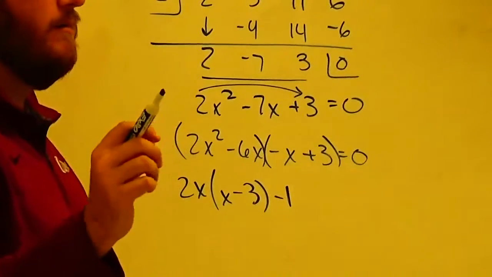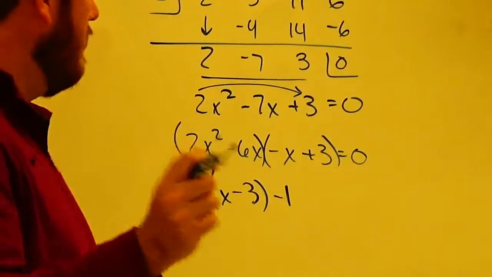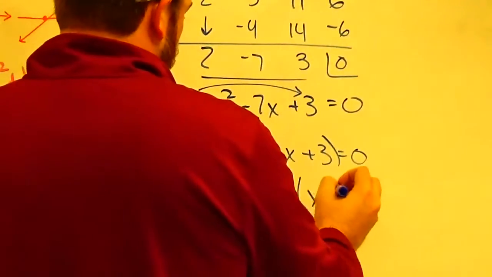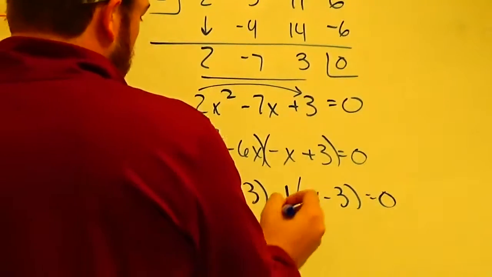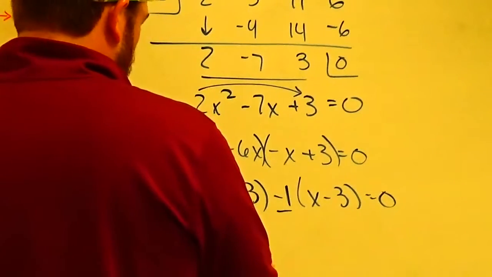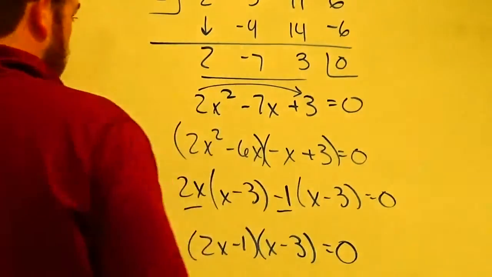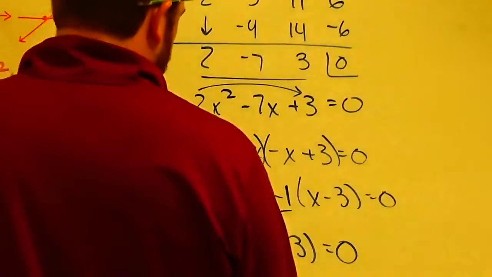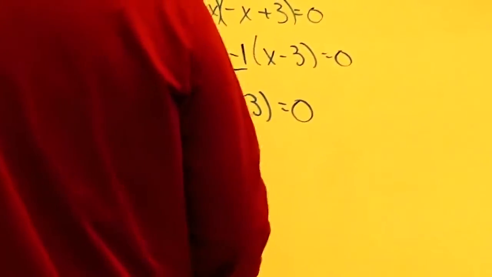What needs to look the same? The inside. If I just pull out a +1, then it would not have worked. Then group the 2 numbers on the outside together, so 2x minus 1, and rewrite those. And there we go. So our other 2 x's equal 1/2 and 3.